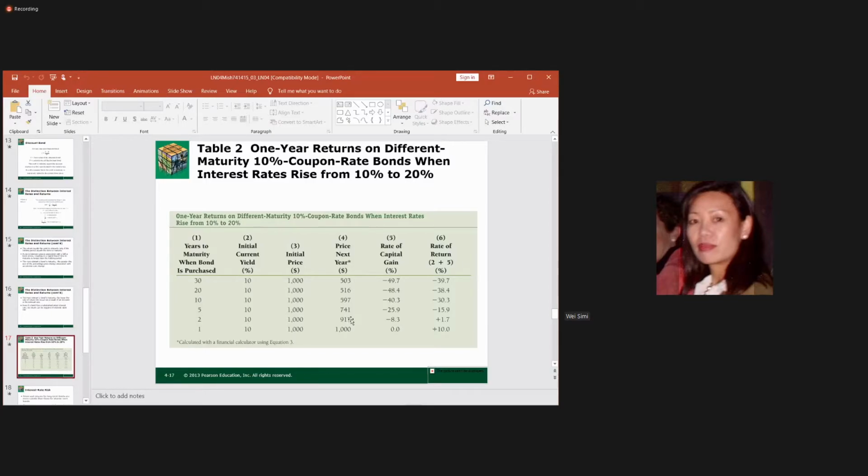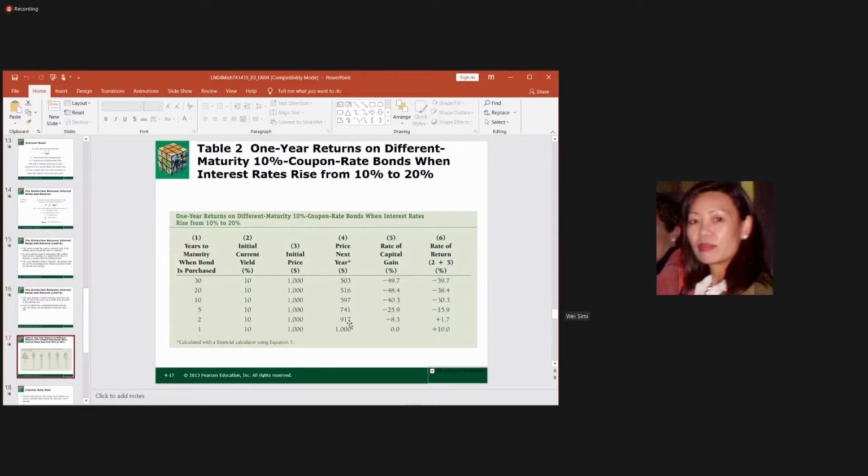I want you to verify how we get this 2-year bond's price one year later, when the interest rate goes up from 10% to 20%, and the bond price is this price. I want you to verify and tell me how you get this number, and then you know what's going on.